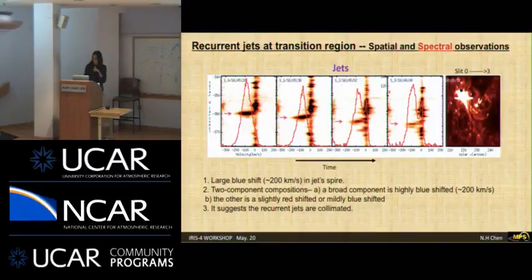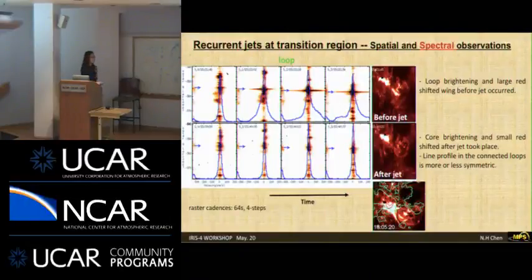The other thing I want to show is that the raster also covers a portion of the loop, and this geometry shows you the loop. Why we care about it is because it could be heated by particles accelerated by the reconnection, so it's brightening as we expect.